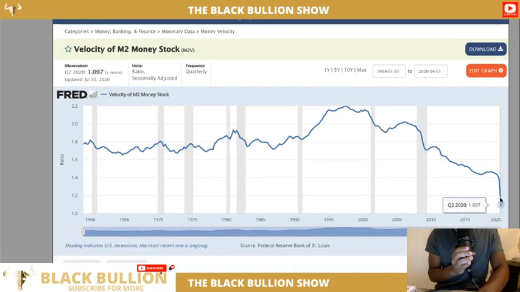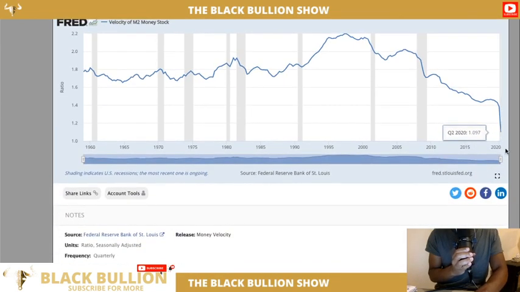And as you can see here, it's one of the steepest drops on record between quarters. I don't know how much more I can belabor that point, but that tells you a lot about the mindset of Americans these days. Simply put, we're scared and we're hoarding currency at a rate unseen so far on record.